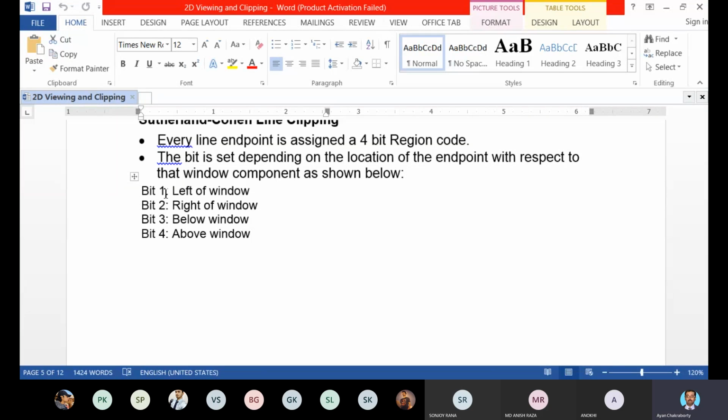We are going to create a 4-bit region code, and the first bit of this region code will be 1 if we are at the left of the window. Is it okay for everyone?